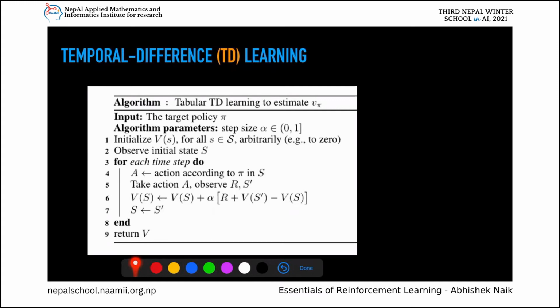Okay, so far, we looked at how to estimate the value of a policy pi, right? And as we discussed earlier, in the beginning, this is a sub goal. What we want to do actually is to improve our policy pi till we get to the point of an optimal policy pi star, right?